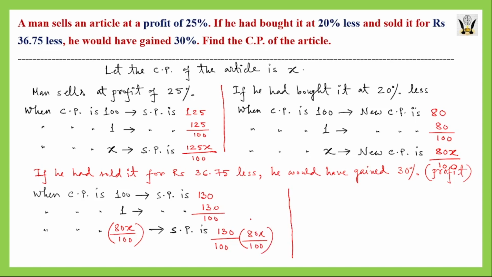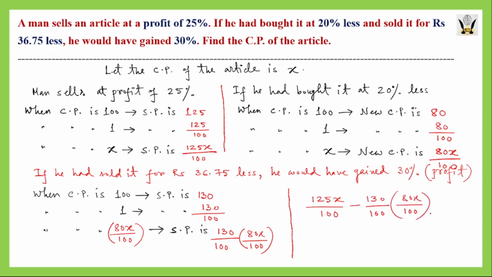And as per the problem statement, the new selling price is 36.75 less than the earlier selling price. So in the first stage, the selling price was 125x divided by 100, and the new selling price is 130 divided by 100 times 80x divided by 100.